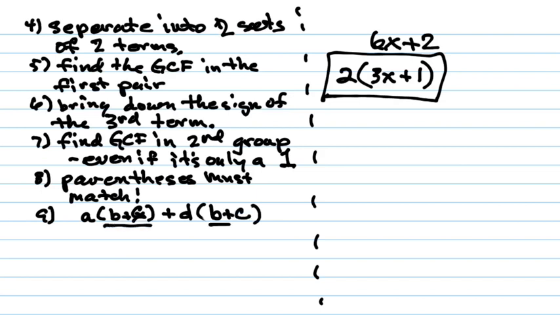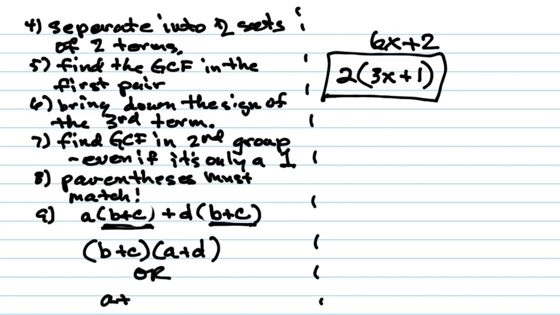So these both have B plus C in them. Let me rewrite that so that looks more like a C. So do you notice that the 2 sets of parentheses match? And they have to. So your final answer is just B plus C times A plus D.